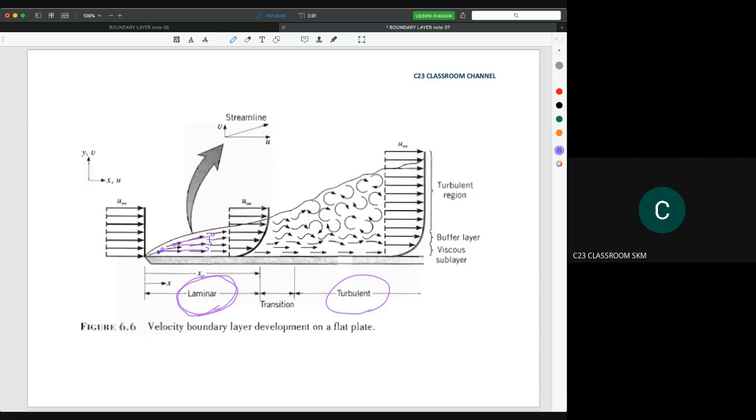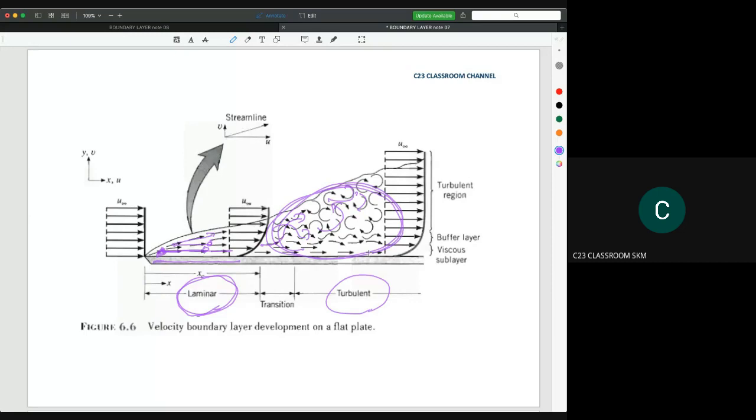However, when the plate becomes longer and longer, when the molecules of fluid travel longer, the condition of each molecule becomes not stable, and then it starts to flow unpredictably like this. At this moment we call this the turbulent boundary layer.